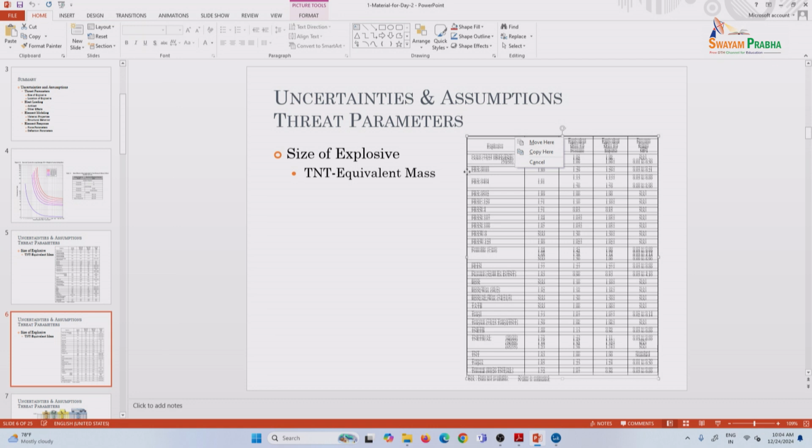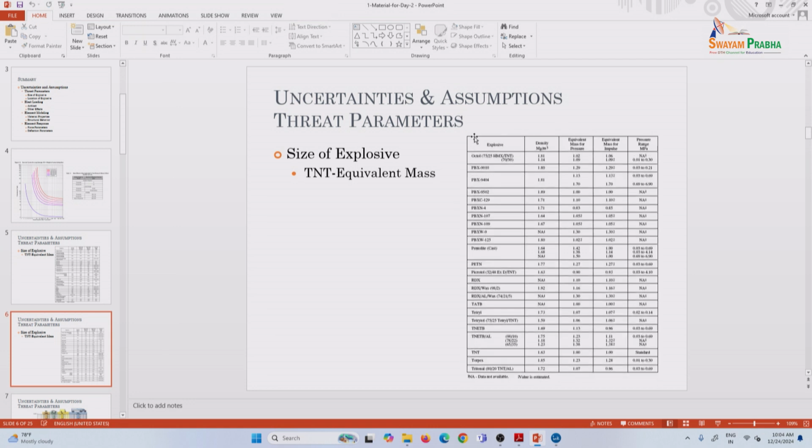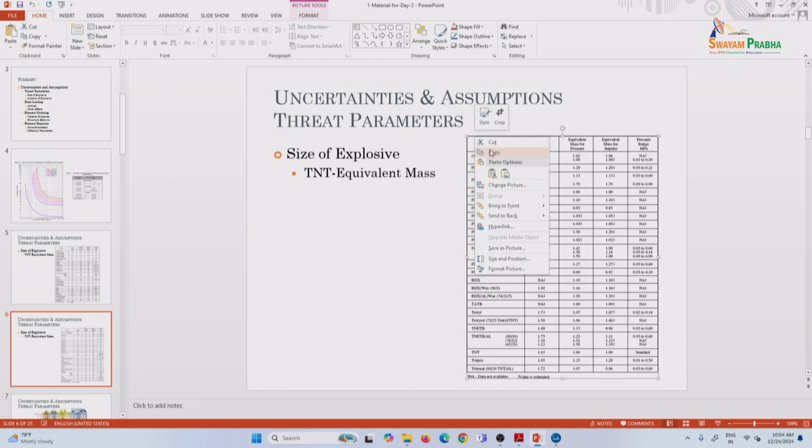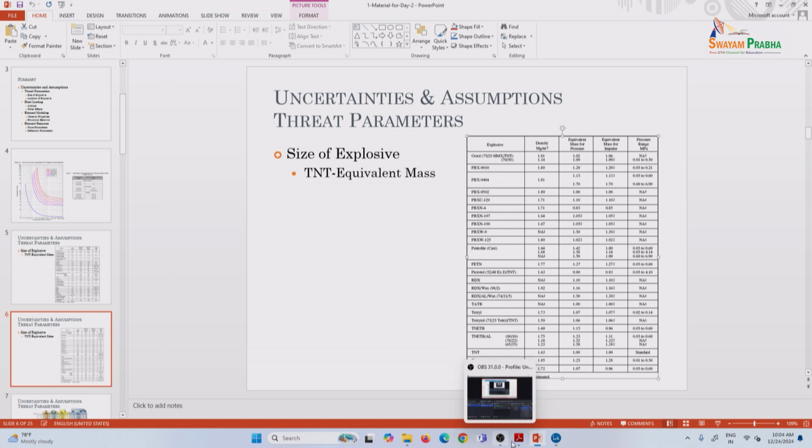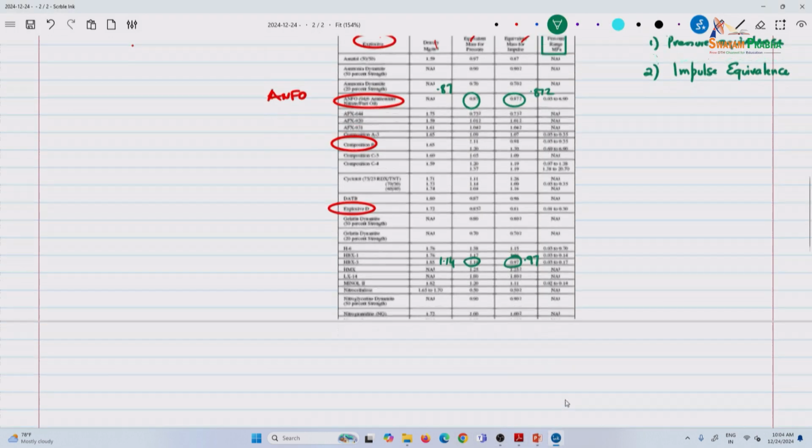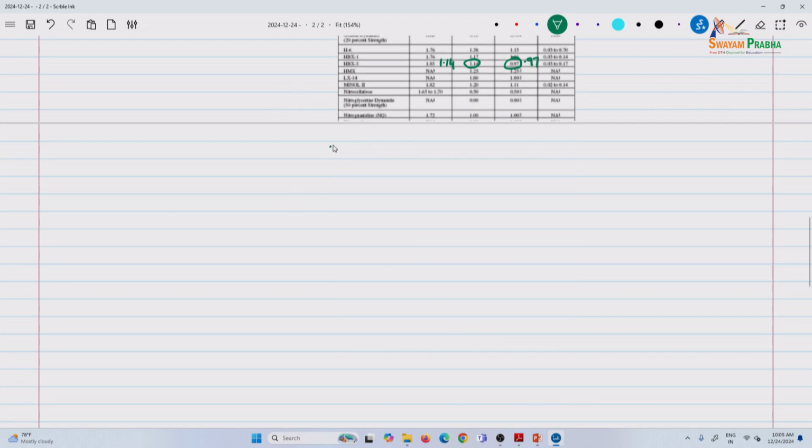I think this is the ASCE 5911. I can look up that. I'll keep that question and I'll let you know. I believe this is from ASCE 5911, but don't quote me on that yet.